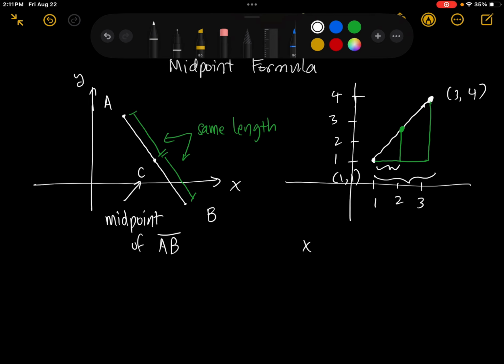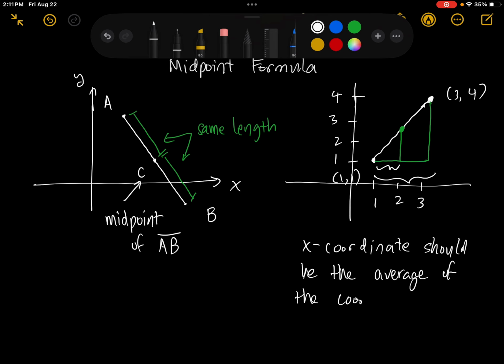So the x-coordinate should be the average of the coordinates of the endpoints. That kind of makes sense because we want to go halfway along x and halfway along y.